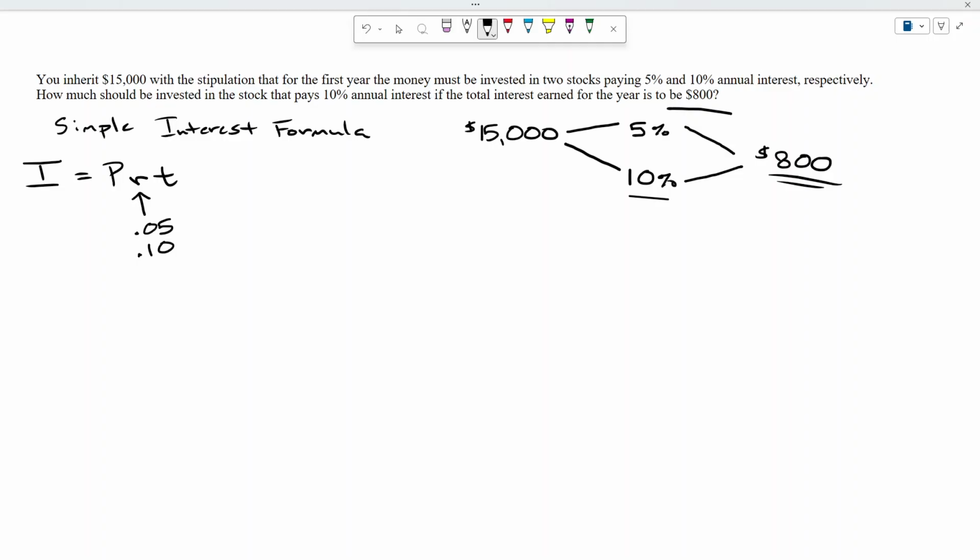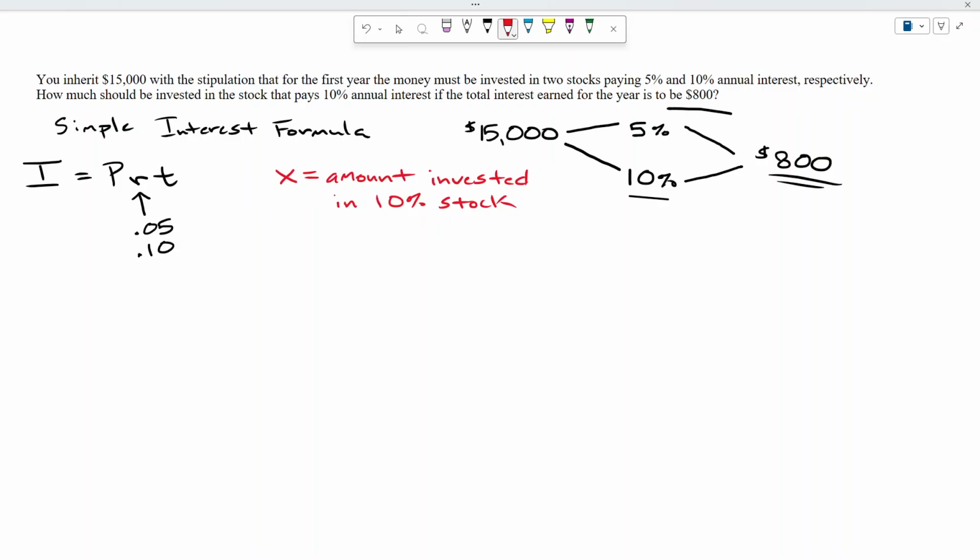So let's make that our variable. So x is going to be the amount invested in the 10% stock.